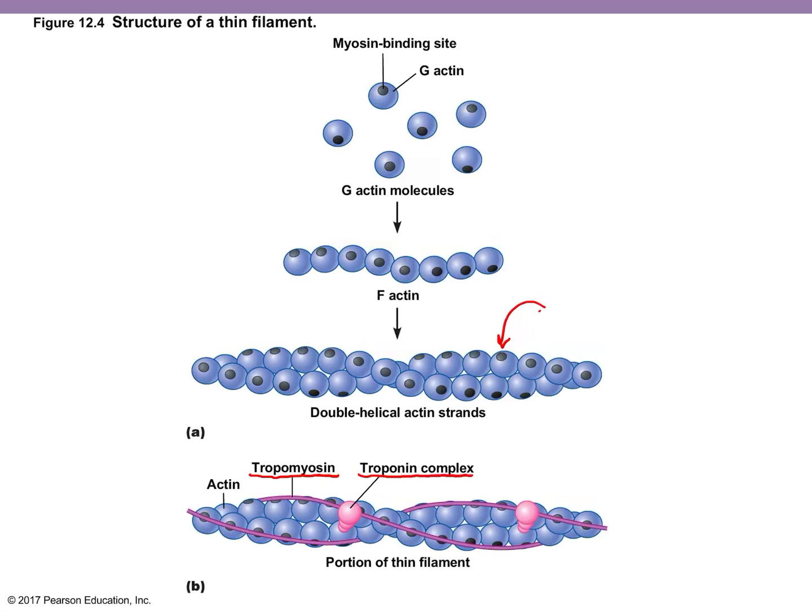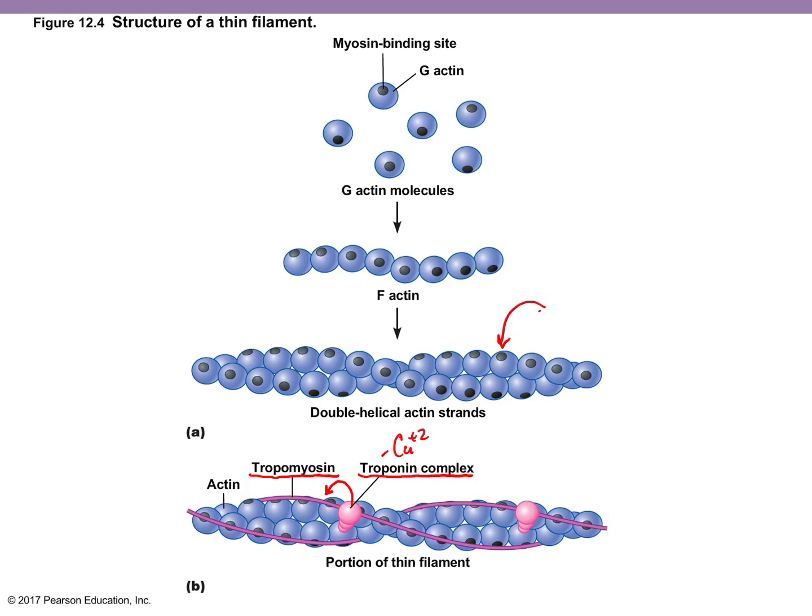And that troponin is going to help bind calcium, and it lies on top of tropomyosin. So troponin lies on top of tropomyosin. And when calcium binds to troponin, so it has a calcium binding site, it's going to shift the tropomyosin out of the way so that it exposes those myosin binding sites that actin has.